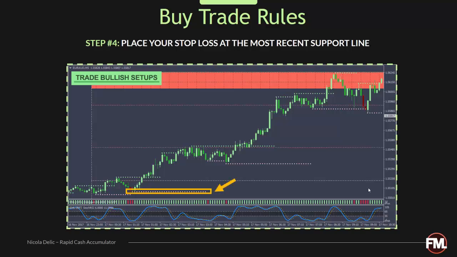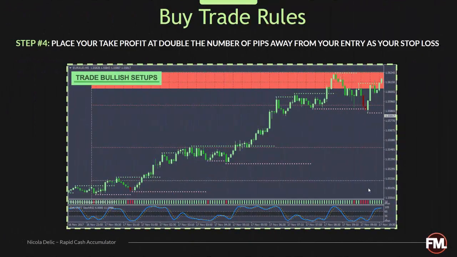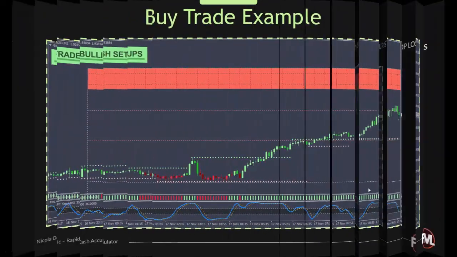So just use that opposite dot line. Definitely the easy way. Place your take profit at the double the number of pips away from your entry as your stop loss. So double the size from entry to stop loss used for the take profit, so to get 1 to 2 risk reward.